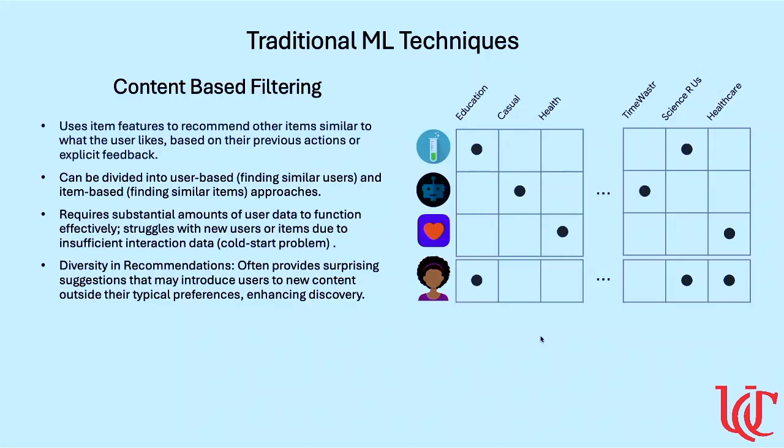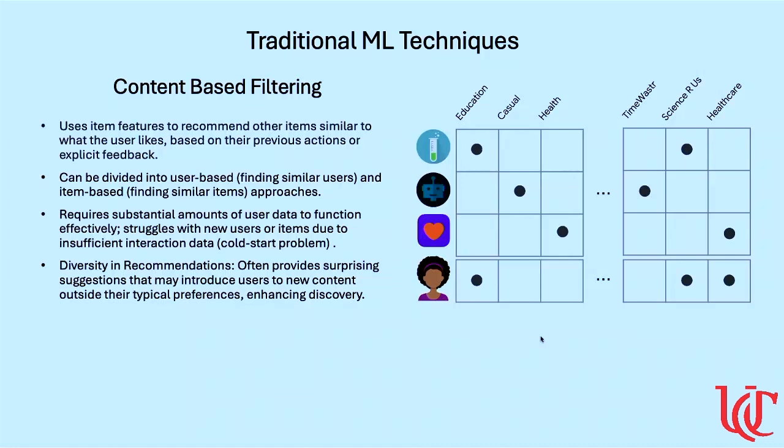This requires a substantial amount of user data to function effectively, since I am the only user and I'll be shown recommendations based on my historical interests and past purchases. Sometimes this approach struggles with the cold start problem.